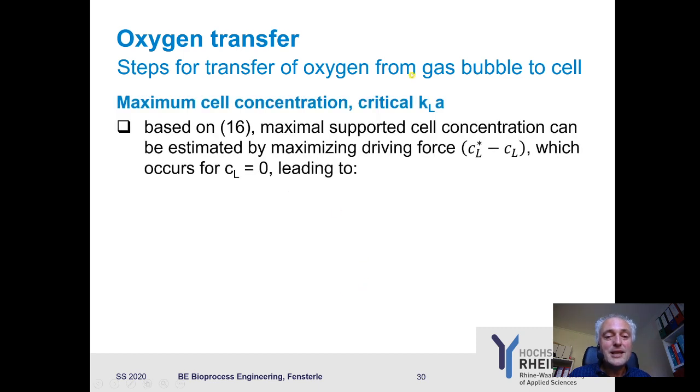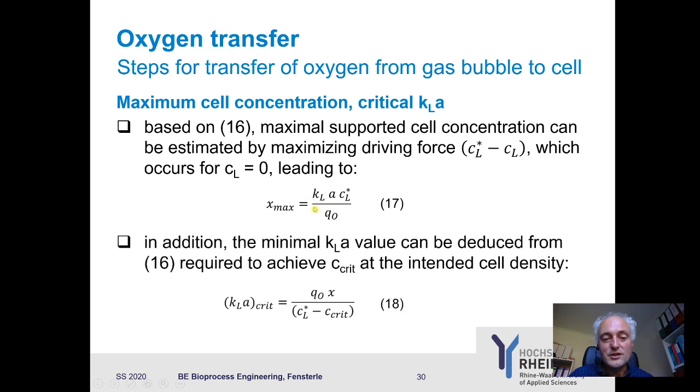Okay, so the maximum supported cell concentration is simply by putting the CL0 and solving it for the biomass. Then we get this term. Very important term, because then we have an idea how high we can go with our cell concentration at a given KLa value. I can also, from the other side, say I want to have a certain cell concentration. My requirement is to get a certain cell concentration.